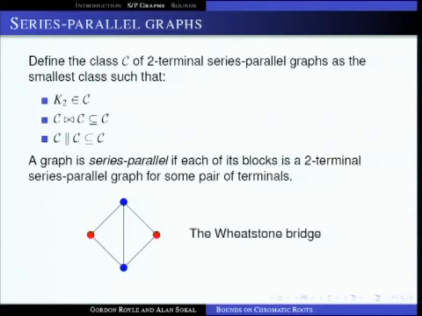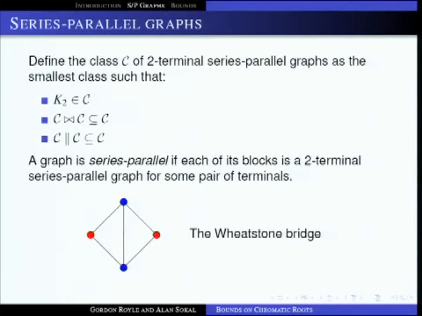Now, the class of two-terminal series parallel graphs is all the graphs that you can get to starting with K2. So it's the smallest class that has K2 in it and is closed under series and parallel connection. Start with K2, then you've got two choices: K2 in series with K2, or K2 in parallel with K2.